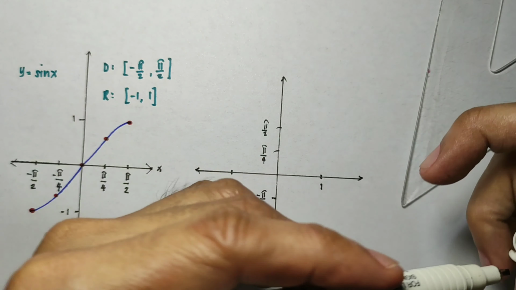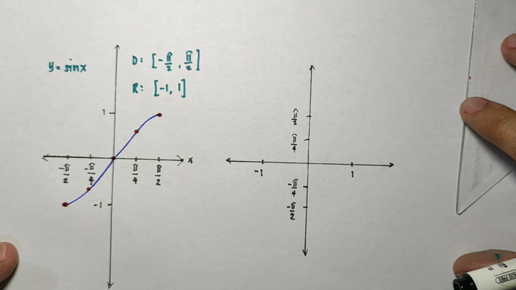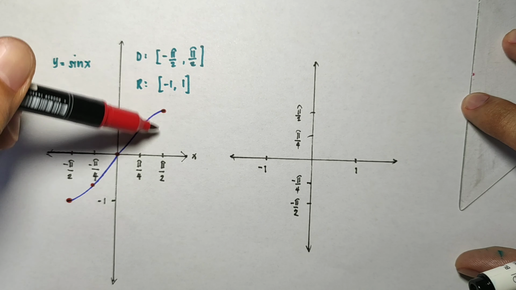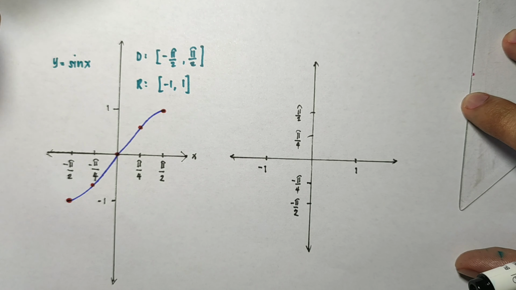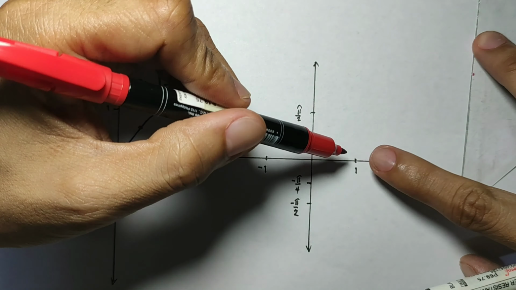Okay, so your x coordinate will become your y coordinate and your y coordinate will be your x coordinate. On this point, we have pi over 2 comma 1. So it will become 1 comma pi over 2. So how is that again? We have 1 and pi over 2.